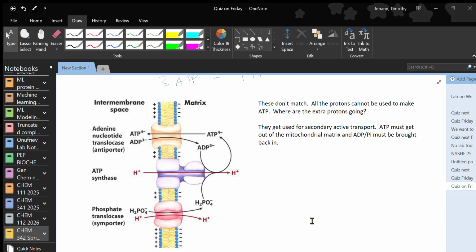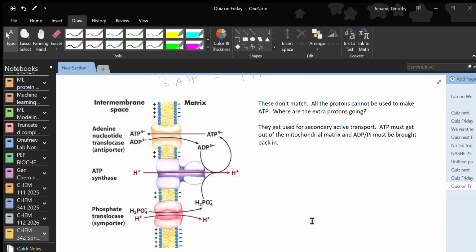But what do we know about, we've got our electron transport chain here, what do we know about the outside of the mitochondria, well, the intermembrane space, I should say? We're pumping protons out actively using the electron transport chain, right? So it's positive out here. There's a lot going on in this figure. Beautiful figure. Okay.